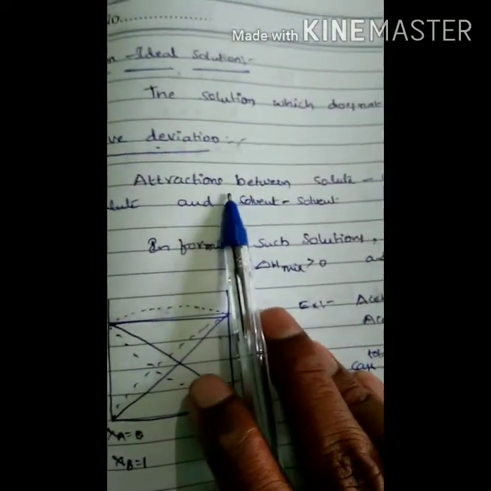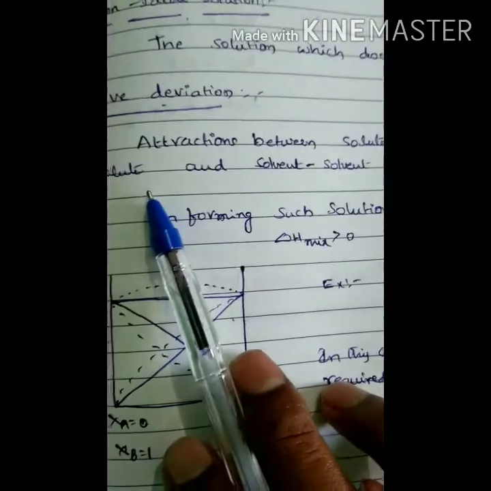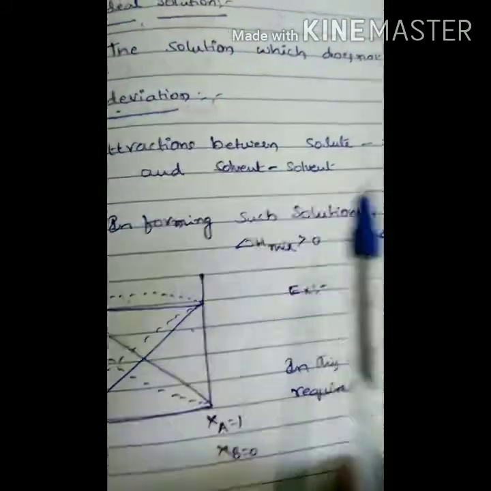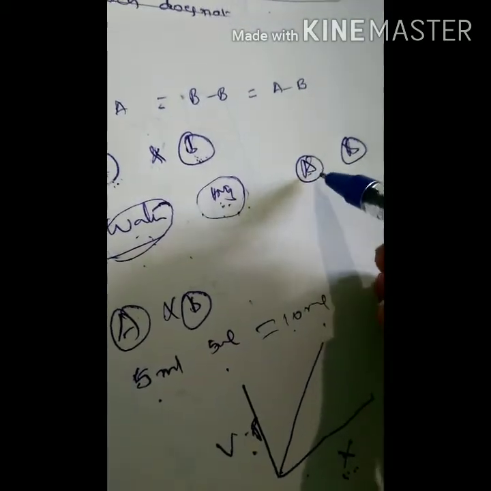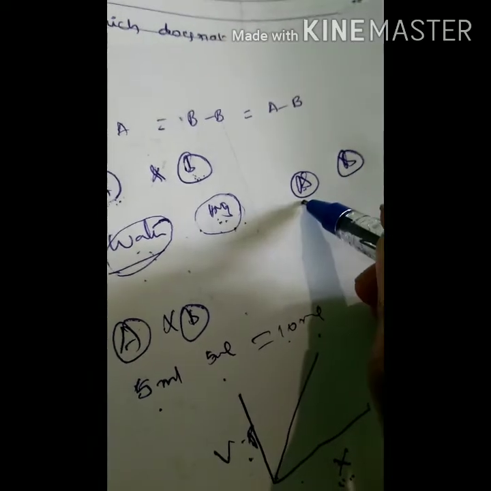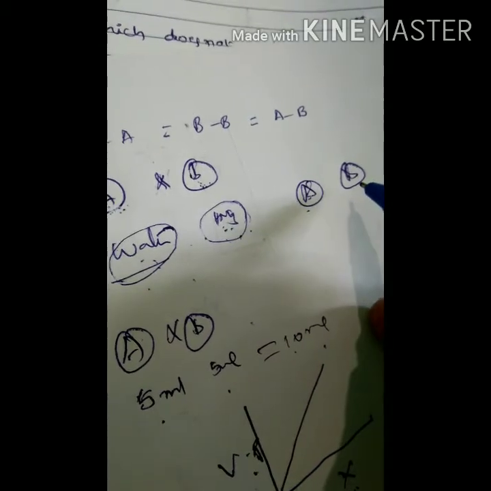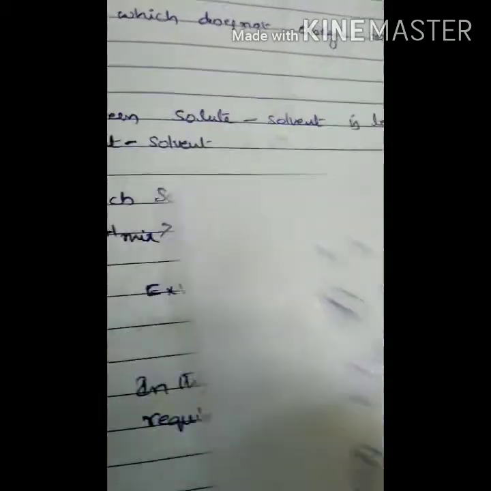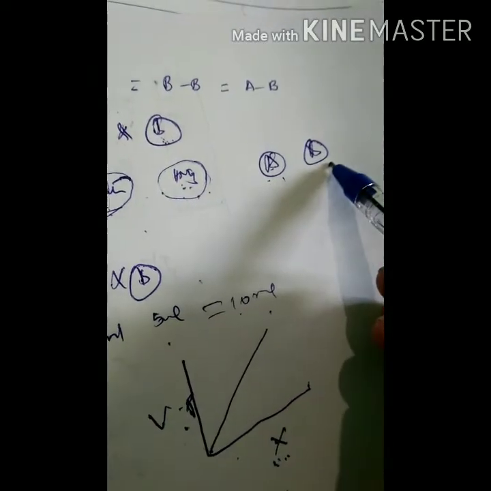Positive deviation means the attractions between solute and solvent are less than those between solute and solute, and solvent and solvent. For example, if I take A and B, two liquids, in liquid A there are so many A molecules, in liquid B there are so many B molecules. Between A molecules some attraction forces exist, between B molecules also some attraction forces exist.